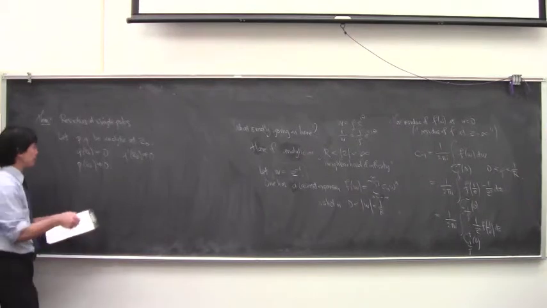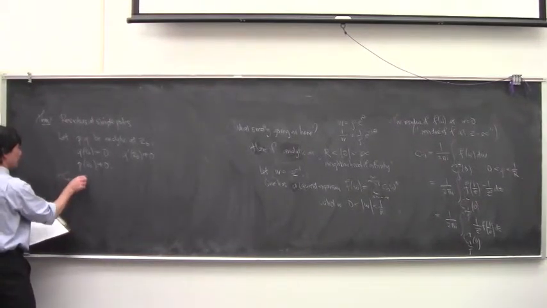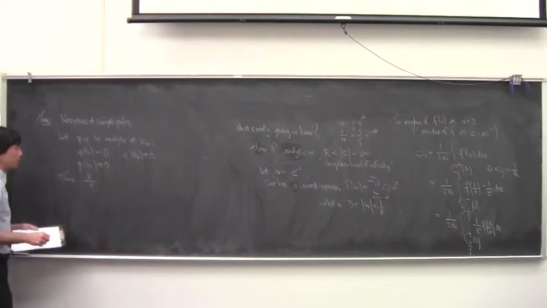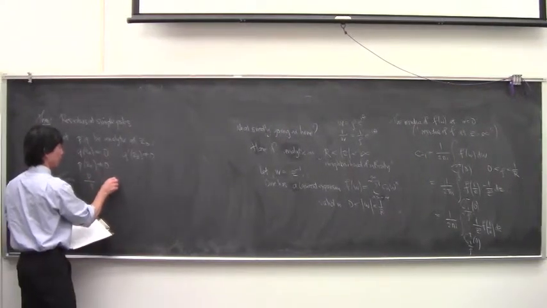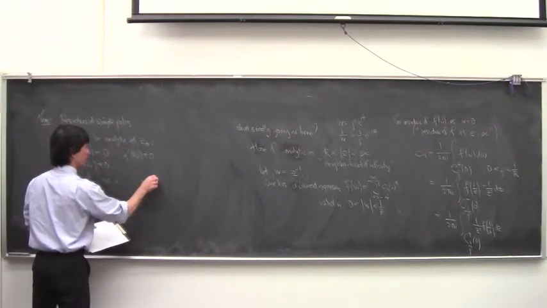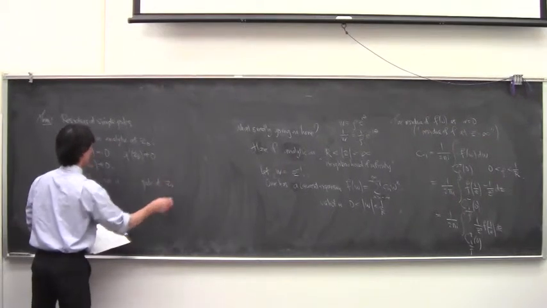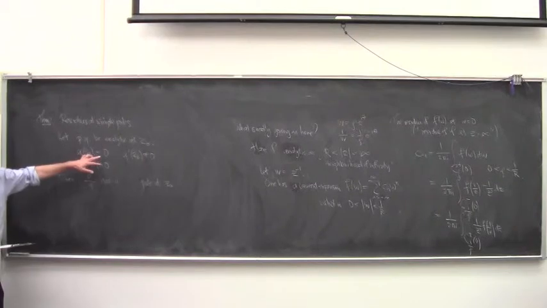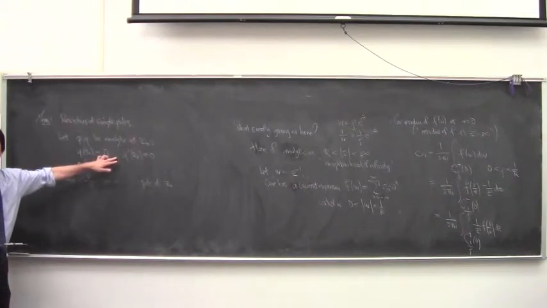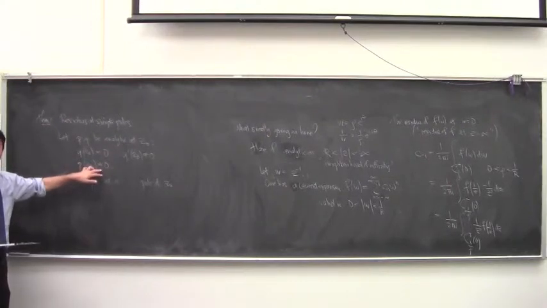Okay, so then you look at the quotient p over q. Well, it's going to have a pole at z naught. In fact, it has a simple pole because q has a simple 0 there and p doesn't have a 0 there.